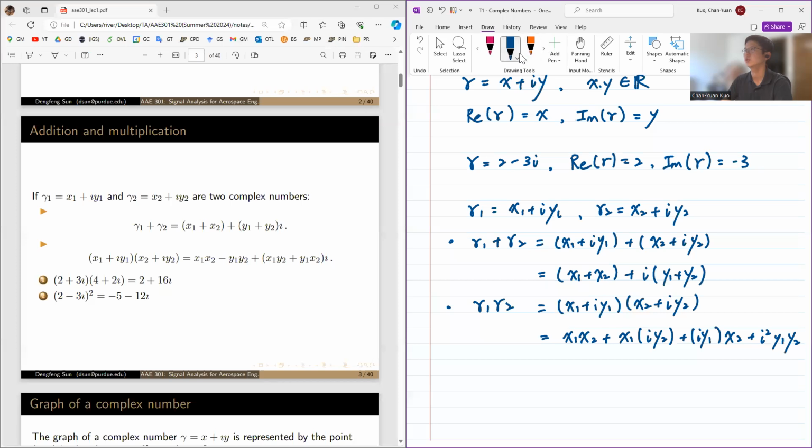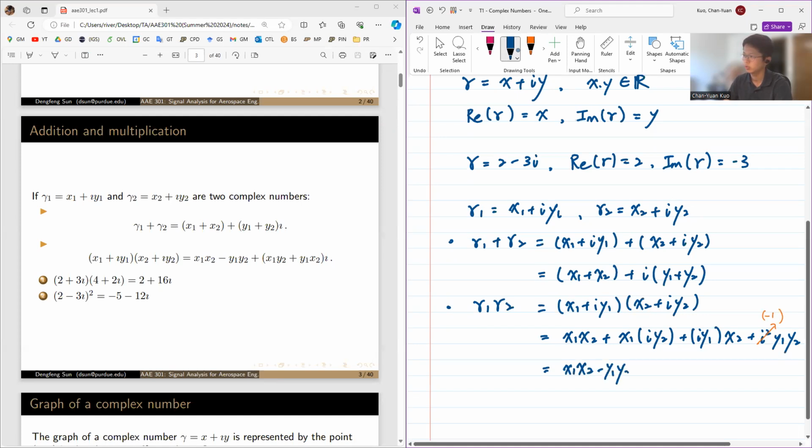So here we know that i squared is going to equal -1. So here we're going to replace it with -1. And now we again sum up the real parts, and we will get x1 x2 minus y1 y2. And then we sum up the imaginary parts, we'll get x1 y2 plus y1 x2.